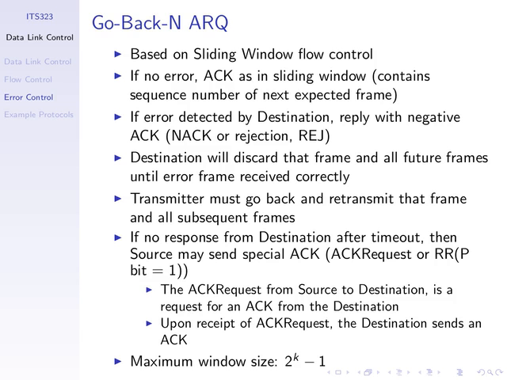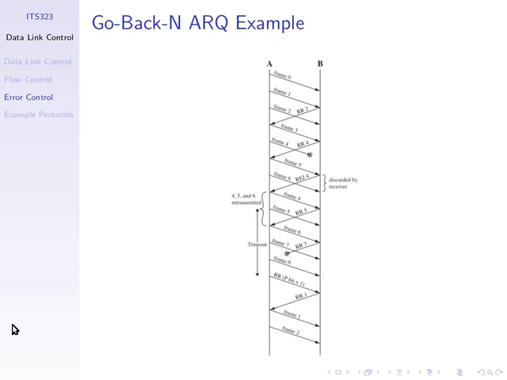So two new mechanisms here. If we receive frames out of order, tell the source with a reject or a negative ACK, and the source will go back and retransmit the frames since that error frame and the one sent after that. Go back and retransmit N frames. If we don't receive an ACK for a frame within some timeout period, request an ACK.